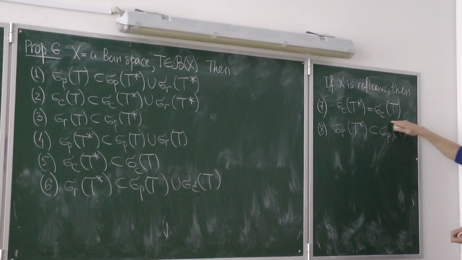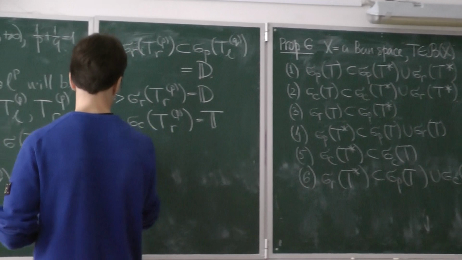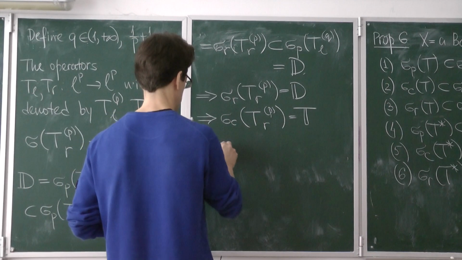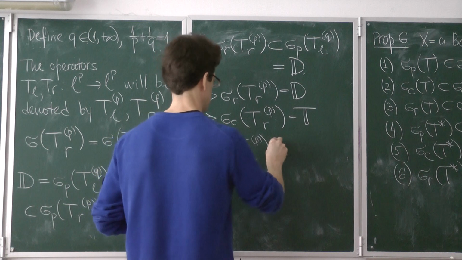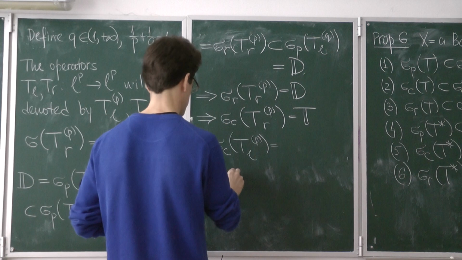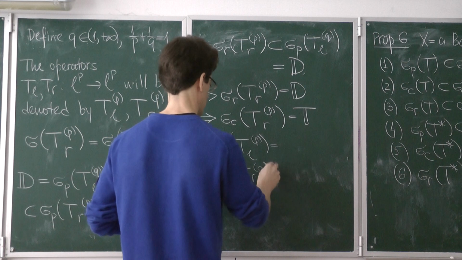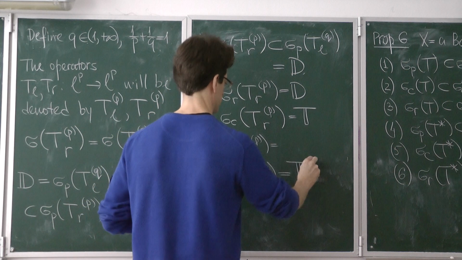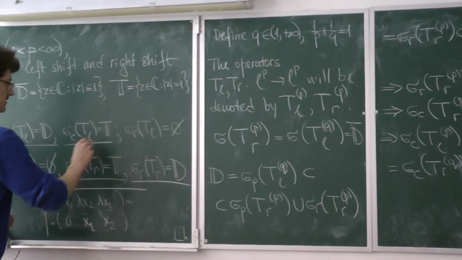We can now apply this equality. We apply this equality and we conclude that the continuous spectrum of the left shift operator on LP equals the continuous spectrum of the right shift operator on LQ. And this is the circle. So we have this.